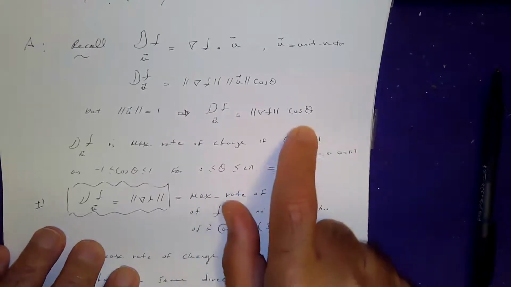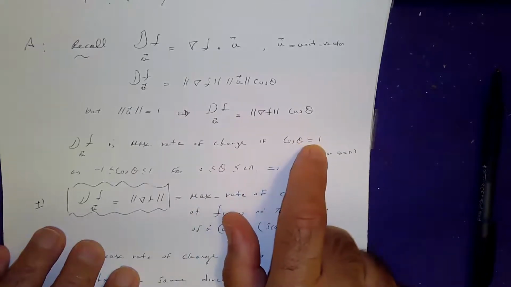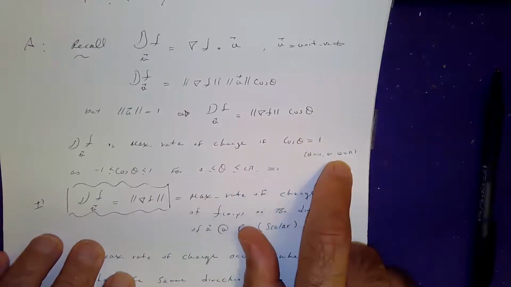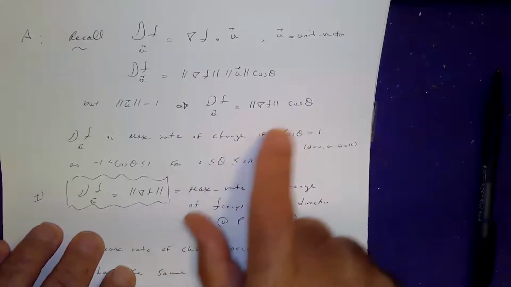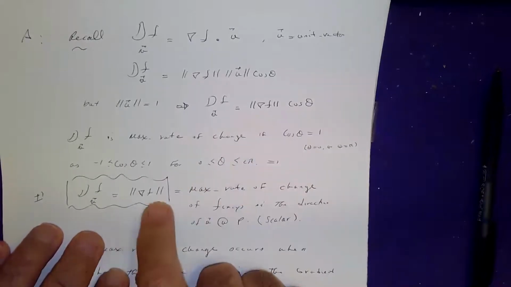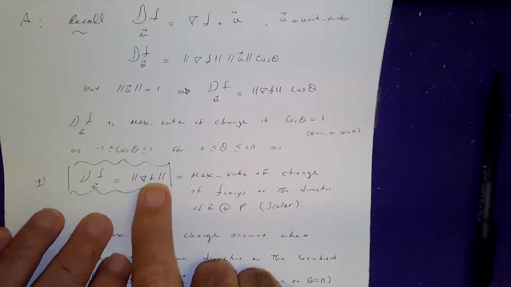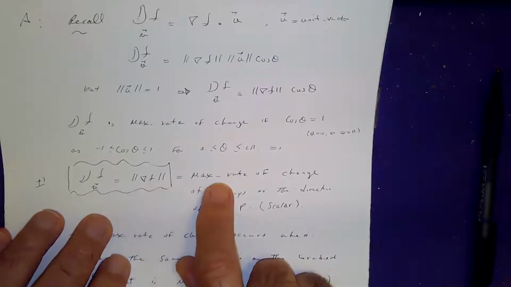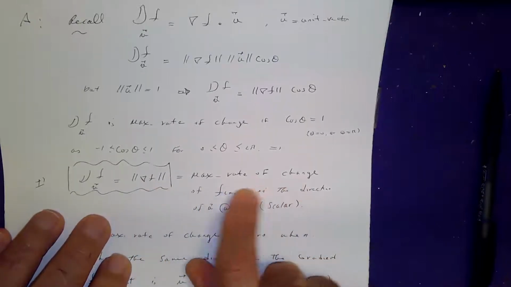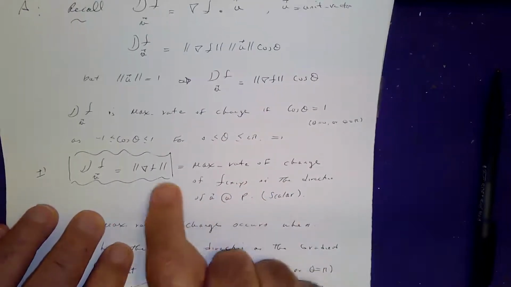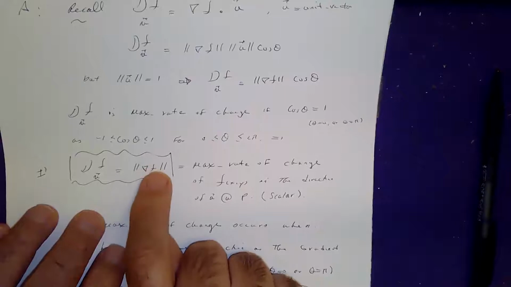So the maximum value of the cosine is 1. Okay, that happens when theta is 0, correct? So if this is 1, the directional derivative is the magnitude of the gradient vector. So this is a scalar, and it represents the maximum rate of change of the function in the direction of u at P. So this gives you the maximum rate of change.